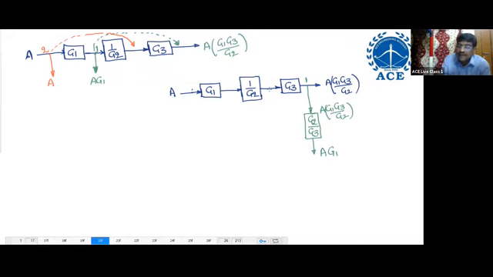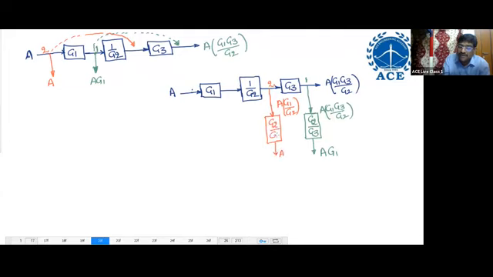Similarly, here this is 2. I want to shift here. So what I have to get? What I am getting here? A G1 by G2 we are getting. A G1 by G2. What I want? Only A I want. That means here what I have to do?